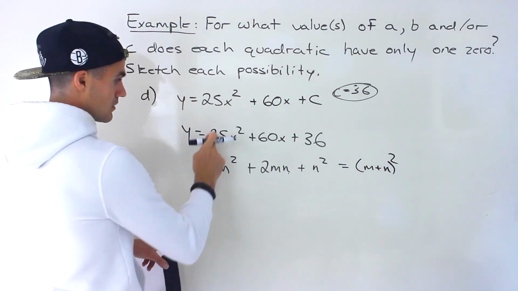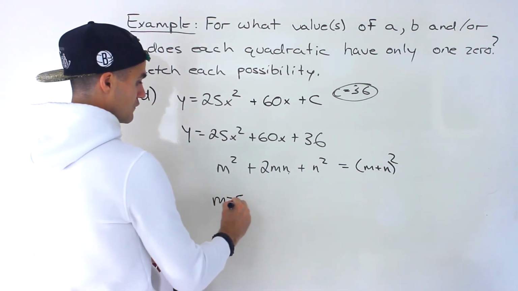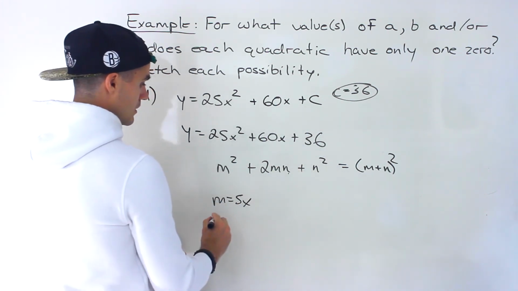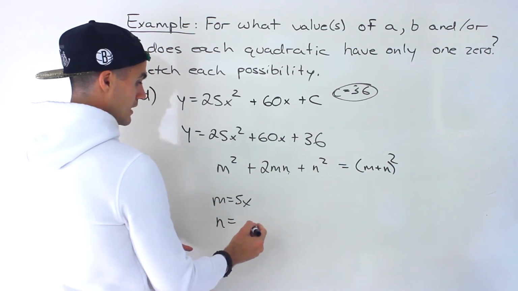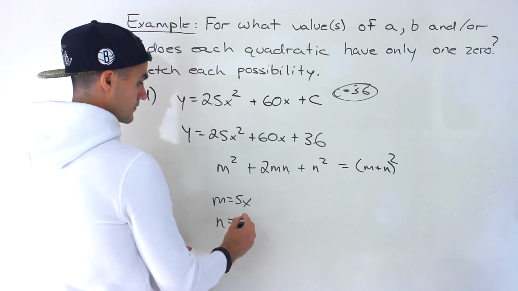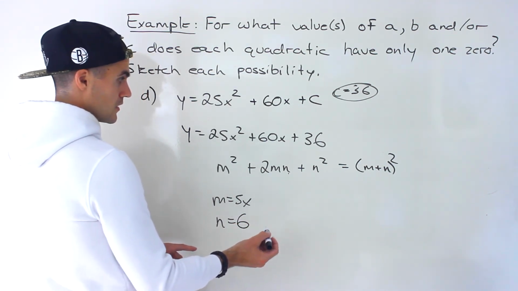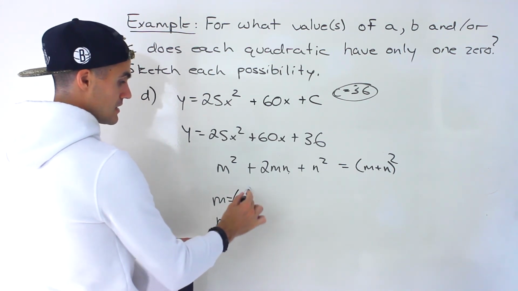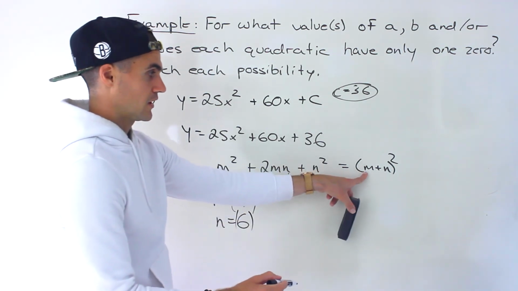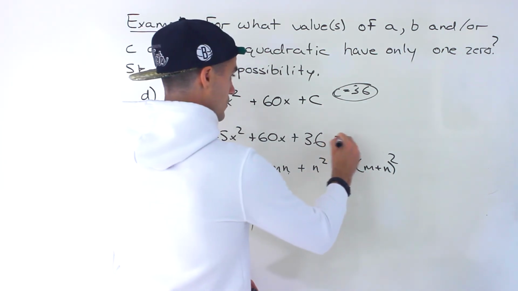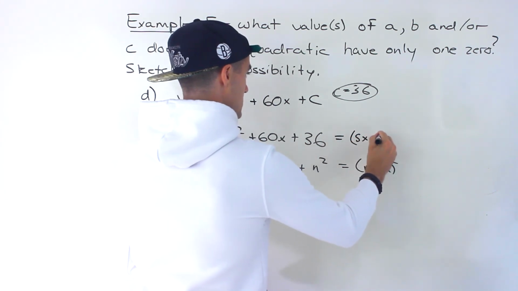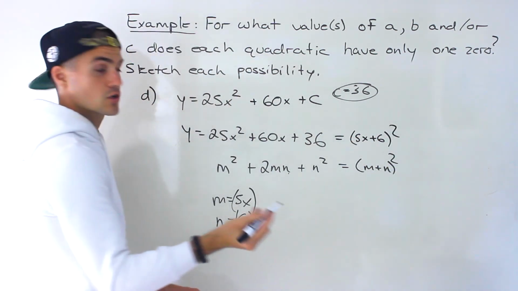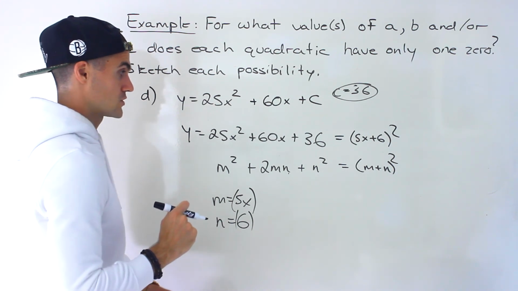So notice from here, the m value is 5x. From here, the n value is 6, and we're going to be using the positive because this is positive here. And then we could plug it in for this m and this n. So this is going to equal 5x plus 6 squared. That's what it's going to factor to.